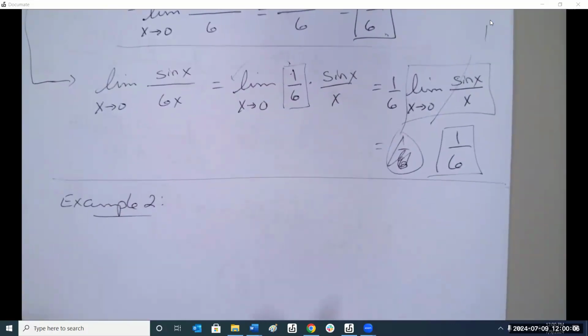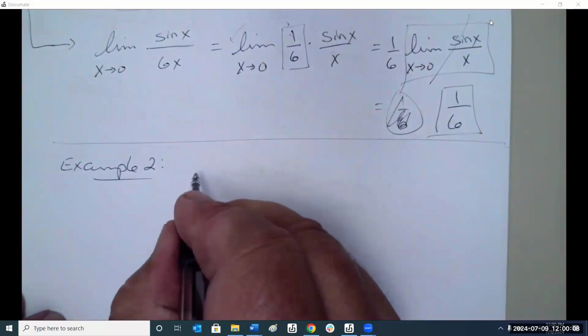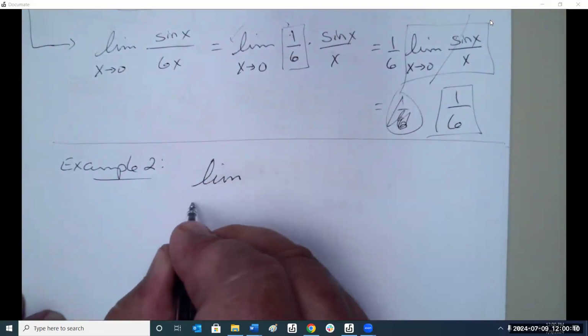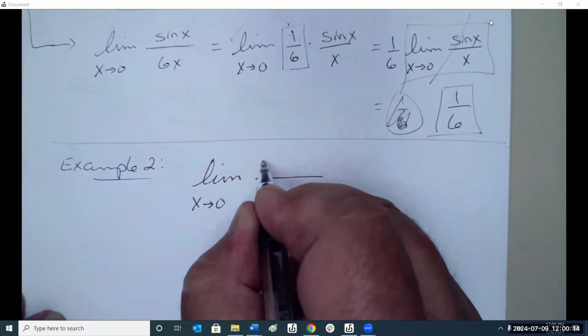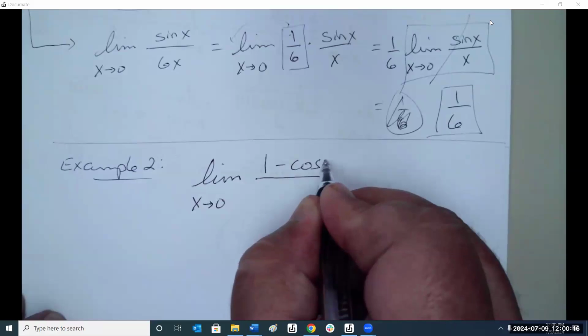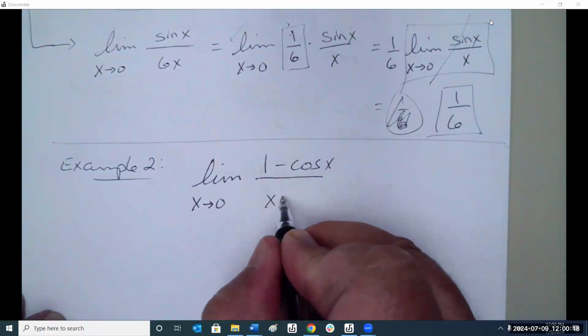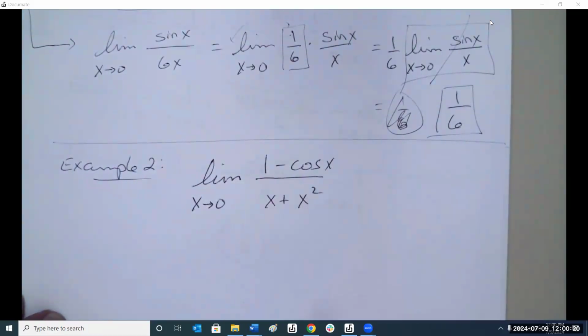Example 2. The limit as x approaches 0 of 1 minus cosine x over x plus x squared.